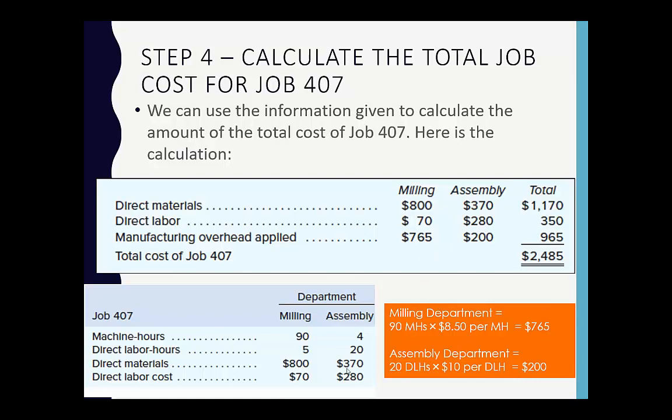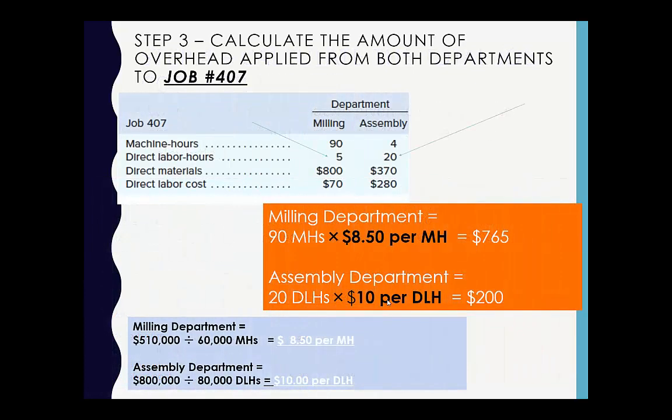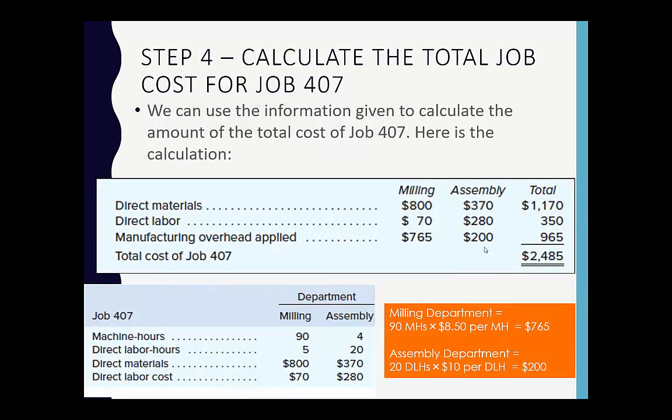The assembly, look at this. Here's my direct materials. There's my direct labor. Manufacturing overhead applied is, remember, I had 20 direct labor hours at $10 an hour. Where did I get that 10? That 10 was over here, equals $200. So then I just add it all up, and here's the total cost of my job as it went through the milling department and the assembly department.